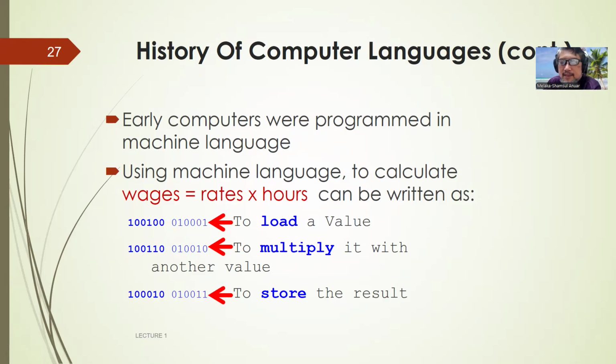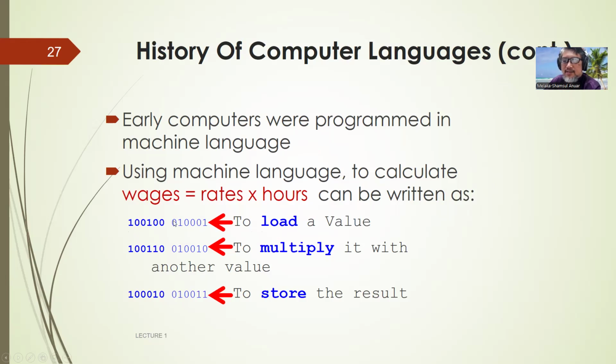But back in the 1940s, as we saw in the previous slide, we had to speak the machine language. So, to calculate the wage equals rate times number of hours, this is how you do it. 100, 100 and so on.